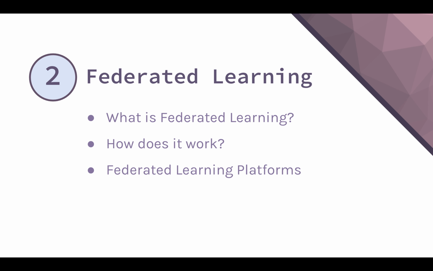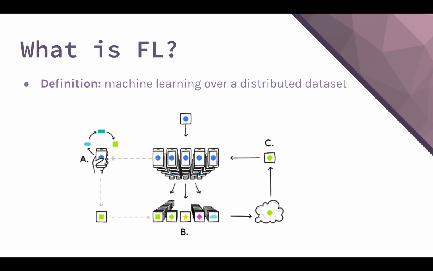Federated learning. What is federated learning and how does it work? And some federated learning platforms that are available today. Typically, the aspect of federated learning that is easiest to conceive today is the text prediction that you use on your Android or Apple phone.